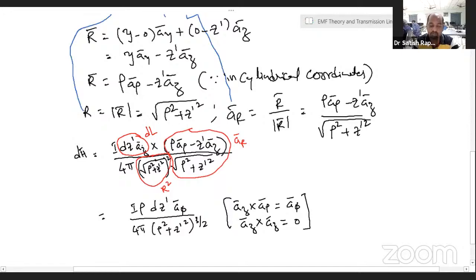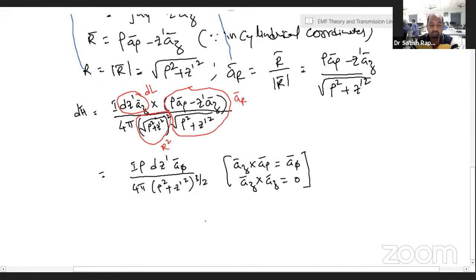So here in this equation you can see az bar cross a rho bar and az bar cross az bar. So az bar cross a rho bar is a phi bar. So this you will get, and this is dh bar, the magnetic field due to the differential element. And now H bar. So what is H bar?